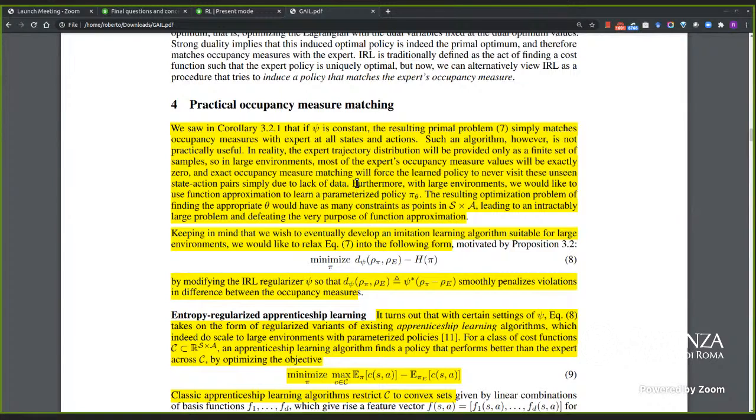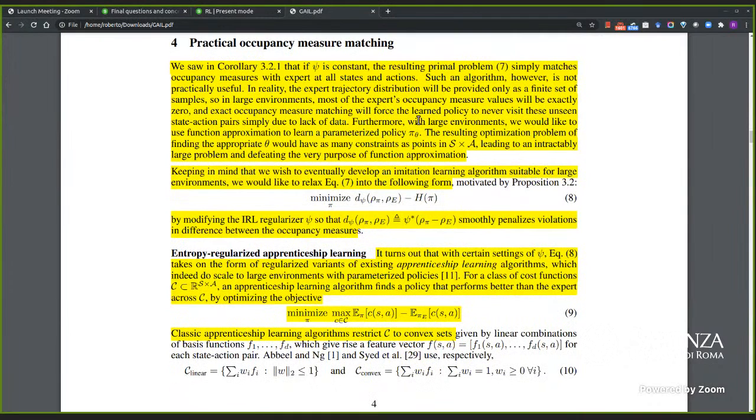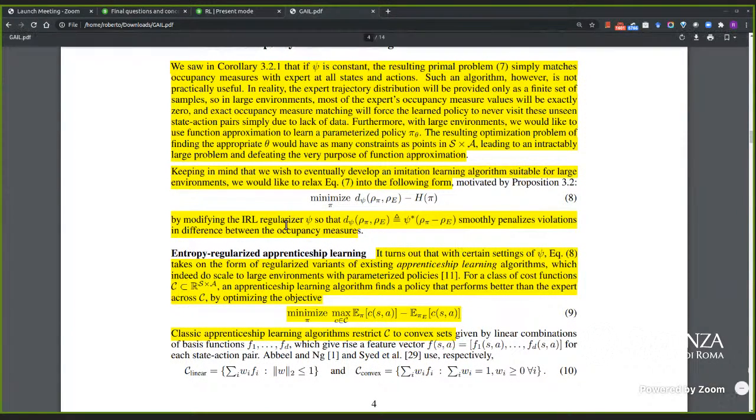So let's continue reading. Furthermore, with large environments, we would like to use functional approximation to learn a parameterized policy pi theta. The resulting optimization problem of finding an appropriate theta would have as many constraints as points in S times A, leading to an intractably large problem and defeating the very purpose of functional approximation, because you wouldn't have any generalization if you have constraints for every point.